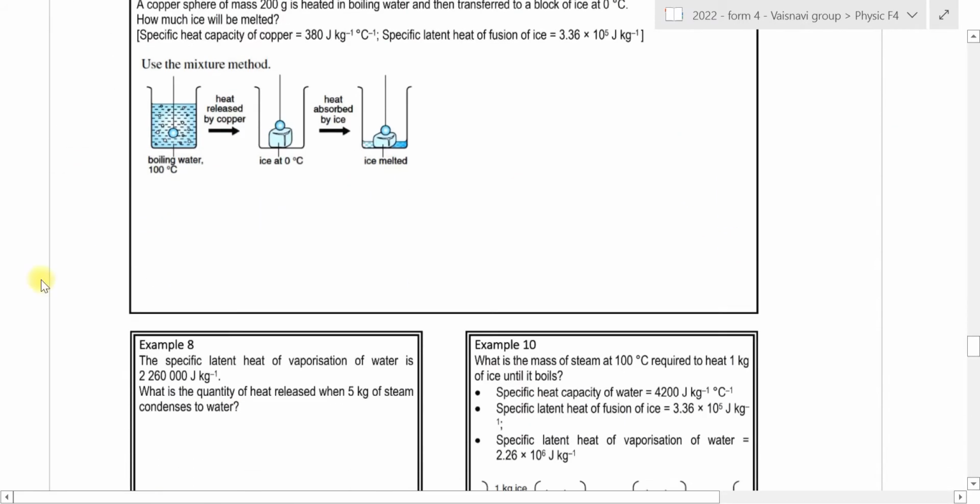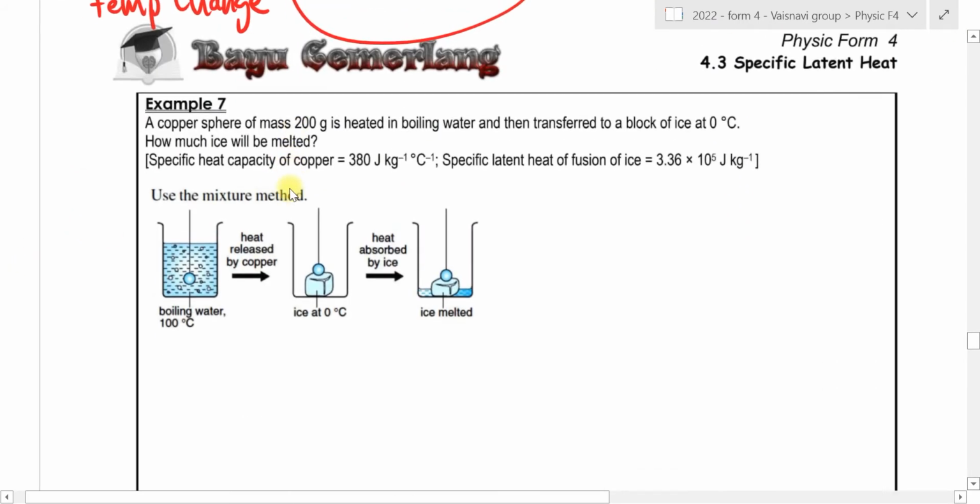Okay, right. Question 7. Okay, kita tengok question 7.